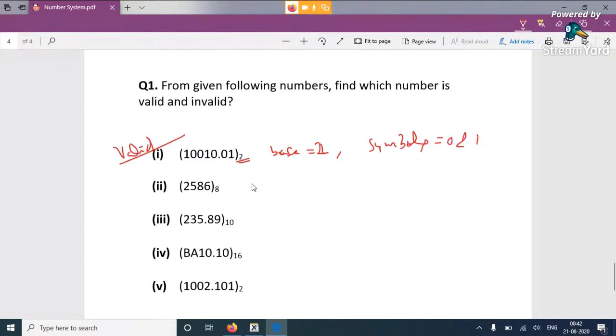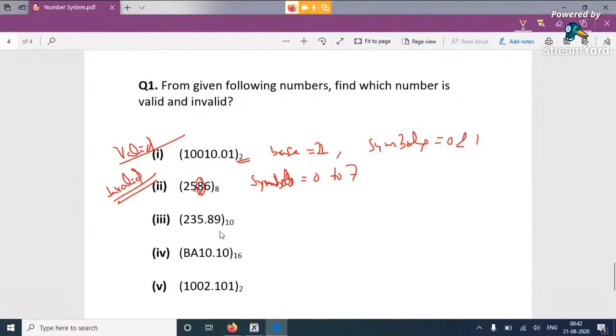So base 8 means symbols will be from 0 to 7. Here 2 is correct, 5 is also correct, but 8 is not correct. 8 cannot be in an octal number because the highest value in octal is 7. So 8 is a wrong digit here. So we can say the second example represents an invalid or incorrect number.